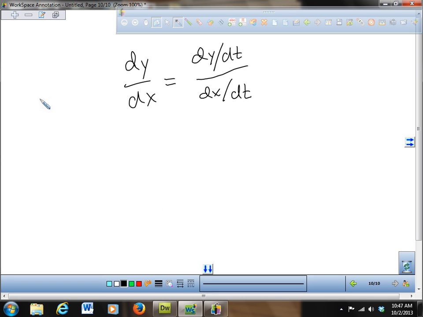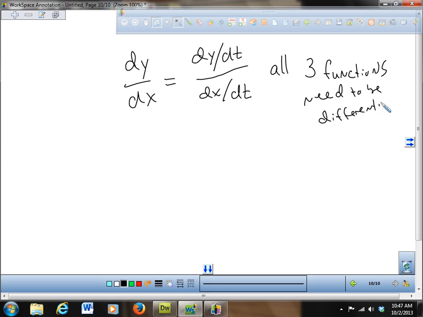So for parametrics, all three functions need to be differentiable. Okay, so dy/dx, dy/dt, and dx/dt need to be differentiable at that point, meaning you can take the derivative of it. Okay? How do you tell if it's differentiable? By looking at the equation.